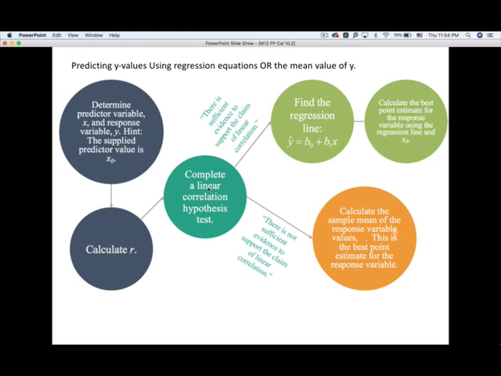If after you perform the hypothesis testing, they say fail to reject, fail to reject means there's not sufficient evidence to support the claim of linear correlation, meaning R may be really close to 0, that's no linear correlation. So the regression equation is going to be useless. So to find the predicted value of y, we'll be using the mean value of y.